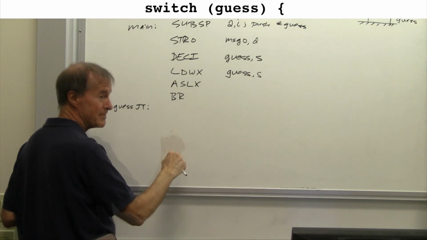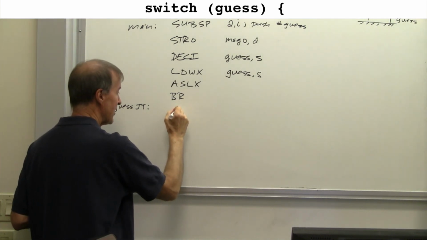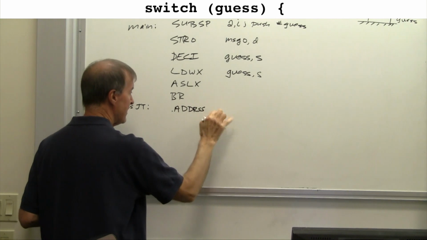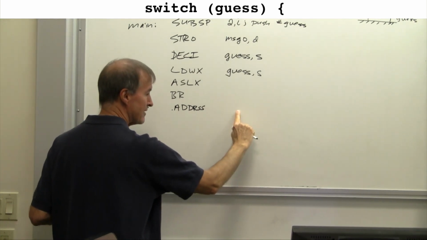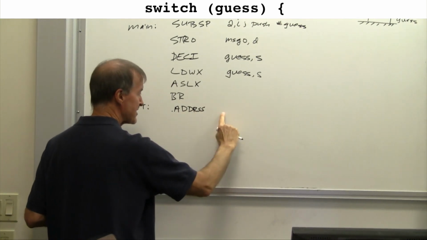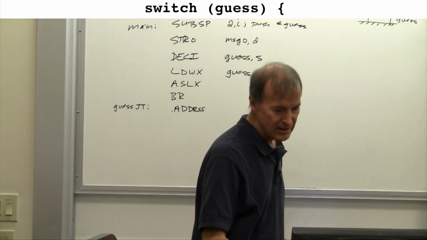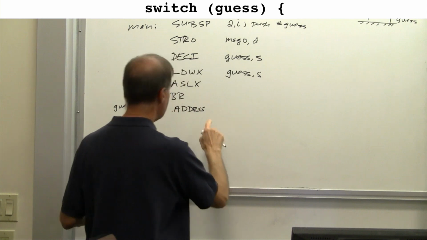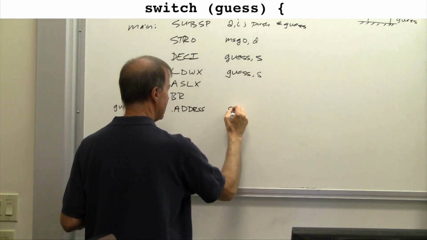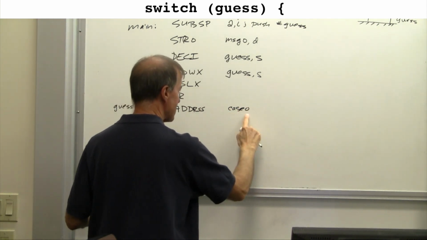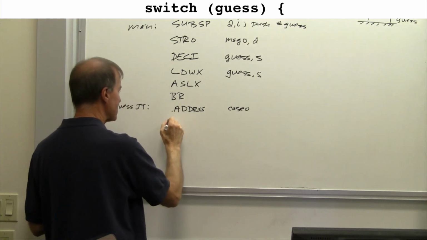With what? Yeah, this is going to be .ADDRSS what? Now what has to come here? Every dot address has to have a symbol. So what will be the symbol? I don't remember what I called it. Here it is. Yeah, case 0. This is a symbol that's going to happen later on. And then the next one is what?